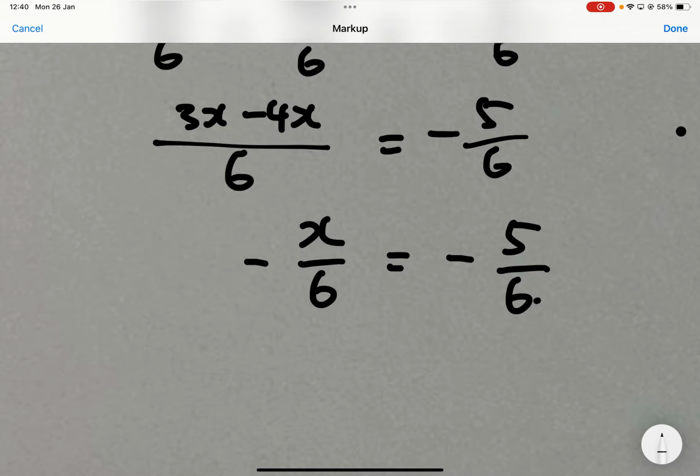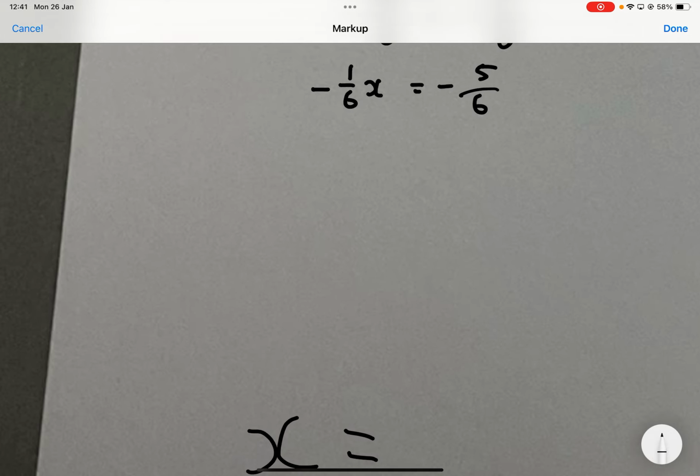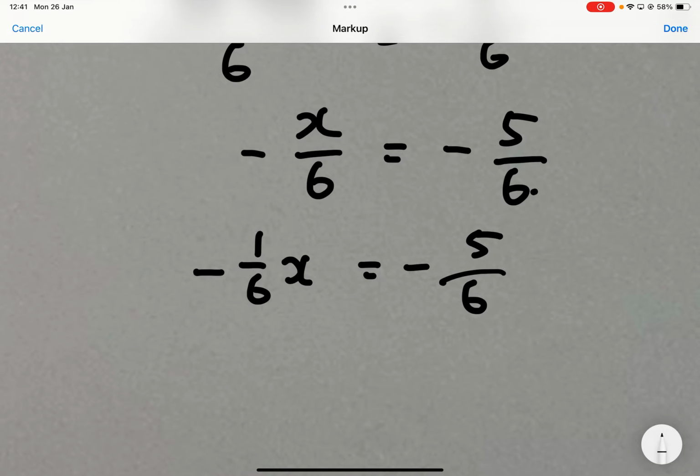But if you don't like to just see like that and know your answer, you can go on. How do I make this become x? I want a positive 1x. So to make the denominator disappear, I need to multiply by negative 6, so that negative times negative becomes positive. 6 and 6 cancel, become 1.